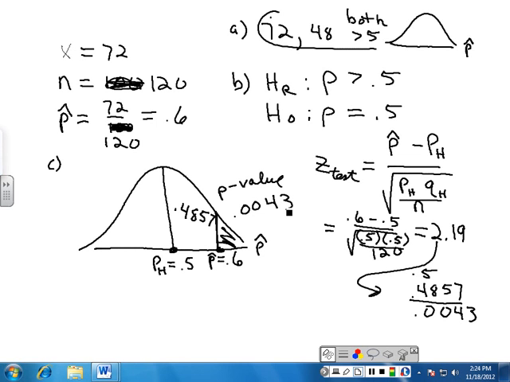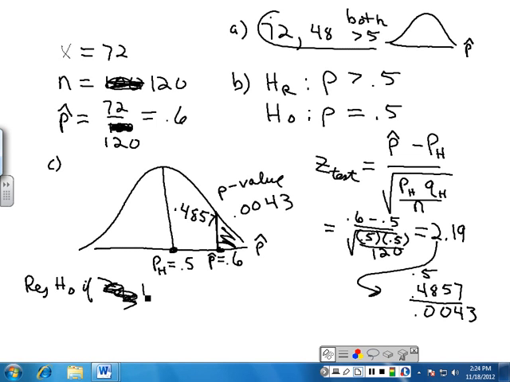For part D, it says test the hypothesis. Okay, sorry about that. We're doing the p-value approach.